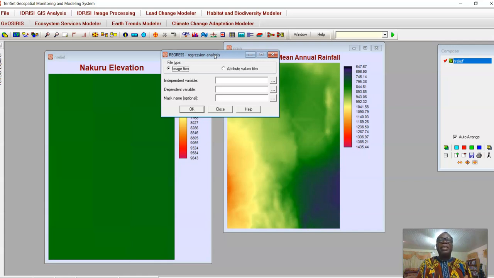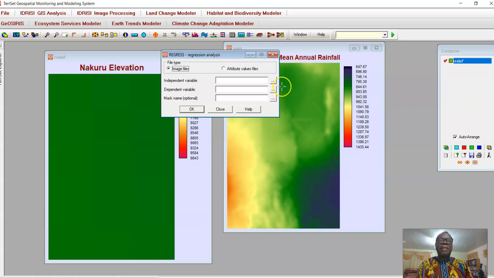We want to check this in this specific area, because the relationship may not be true for all areas. In this Nakuru district, in northern Kenya, is the amount of rainfall dependent on the elevation?